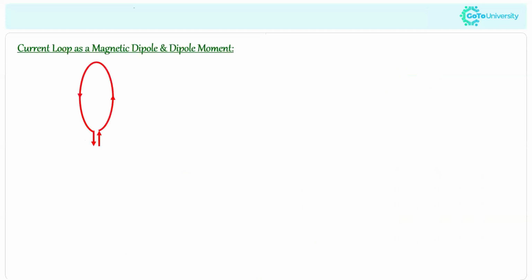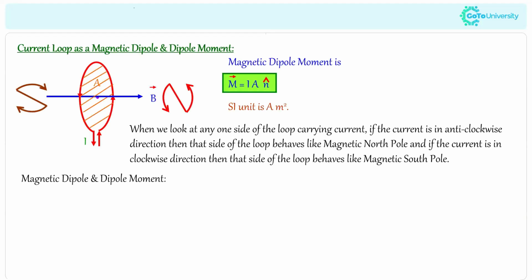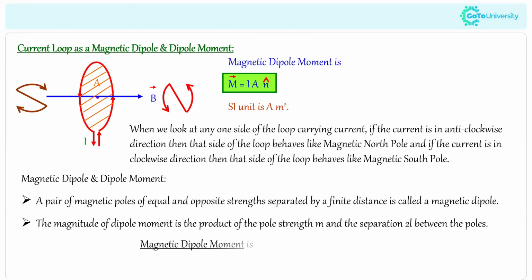Now, the next one we are going to study is the current loop as a magnetic dipole and dipole moment. It's known that a magnetic dipole is nothing but a pair of magnetic poles of equal and opposite strength separated by a finite distance. And the value of the magnetic dipole moment can be calculated using the product of pole strength and the separation between them.